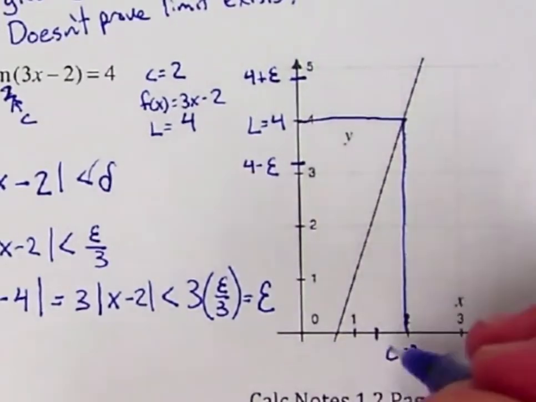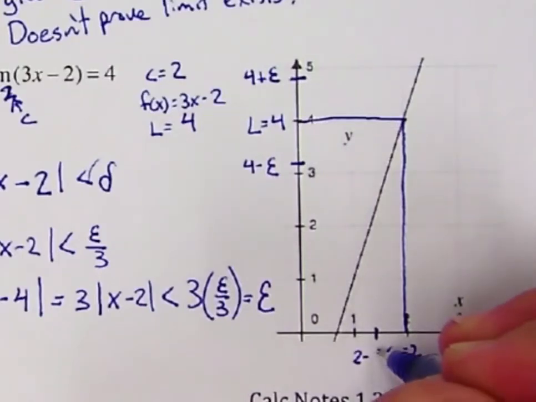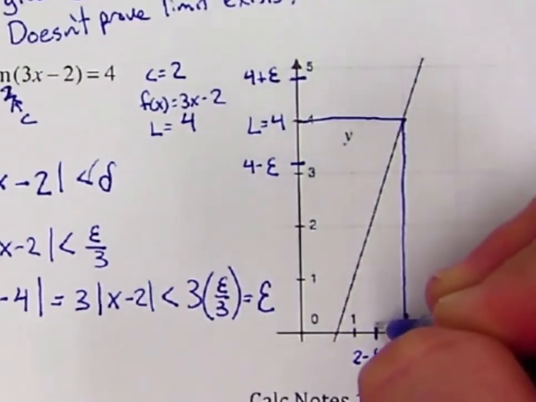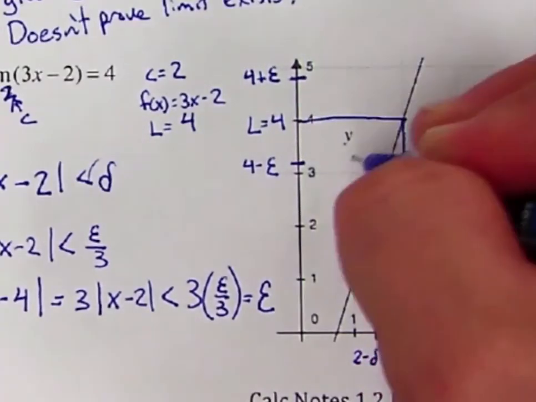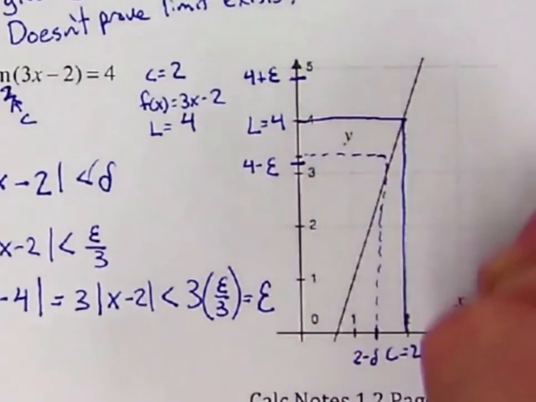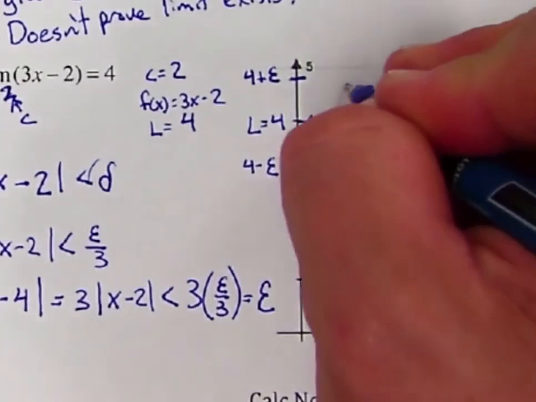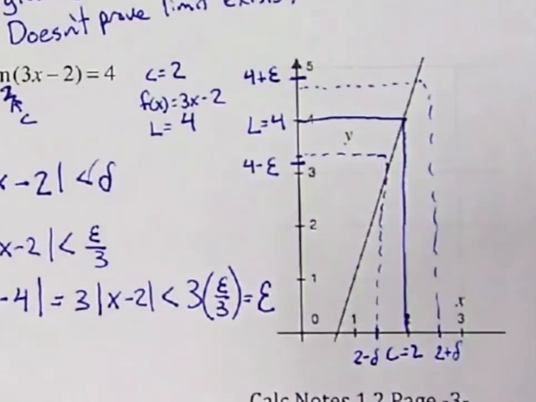And we found that 2 minus our delta and 2 plus our delta are going to yield y values in that range of epsilon no matter where we go.